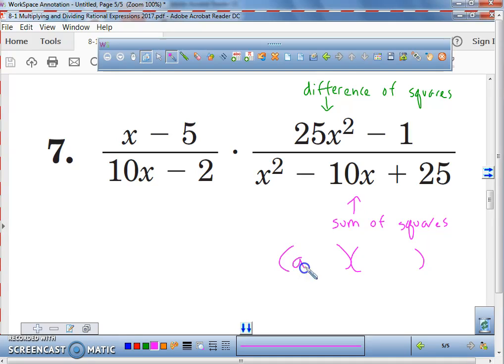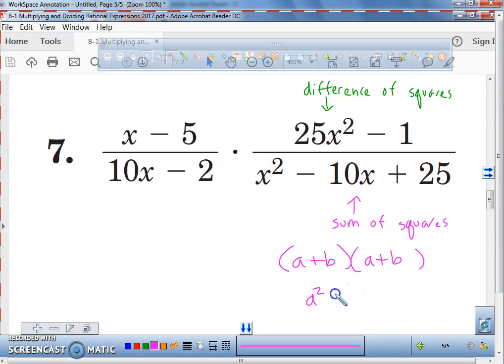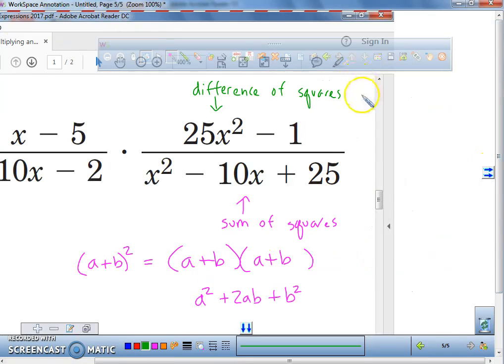If I have a plus b times a plus b, that becomes a squared plus 2ab plus b squared. This is the pattern for a sum of squares, where you have a plus b squared.